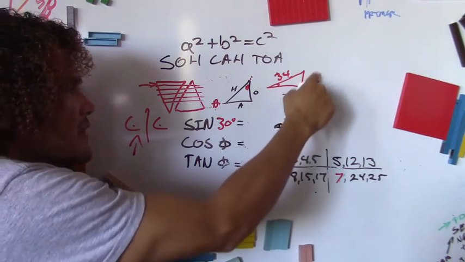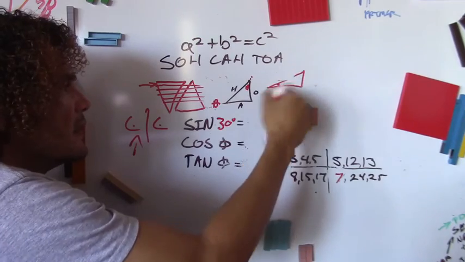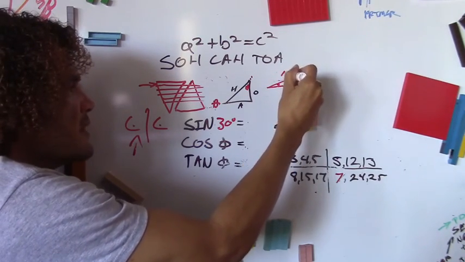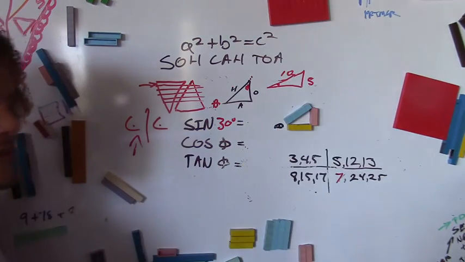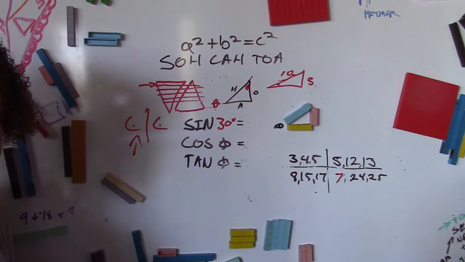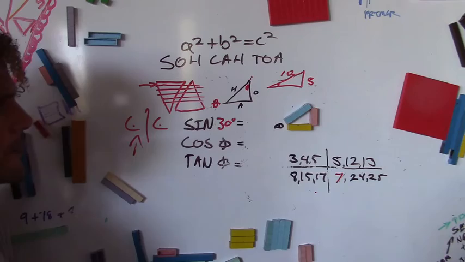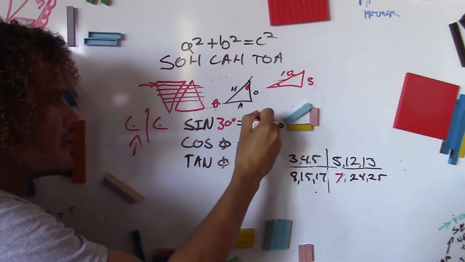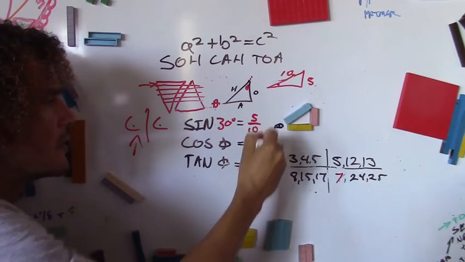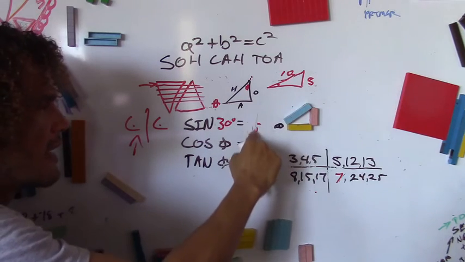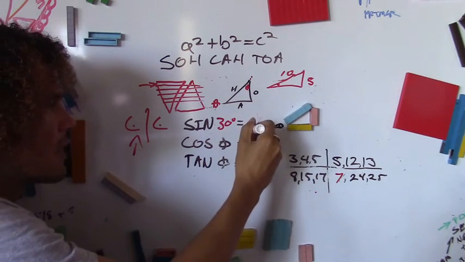It's not going to be this. This is going to be 5. This is going to be 10. Right? So if I got sine 30, this is 5 to 10, which is exactly 1/2. But again, that is wrong but true.